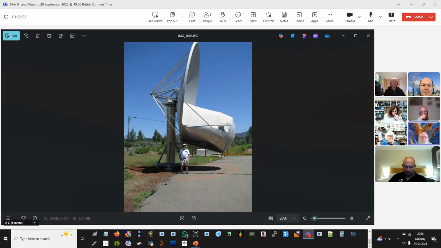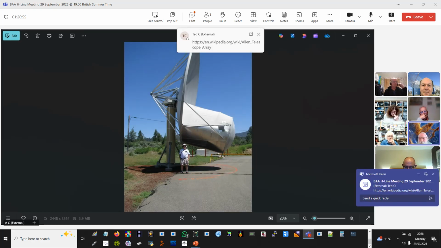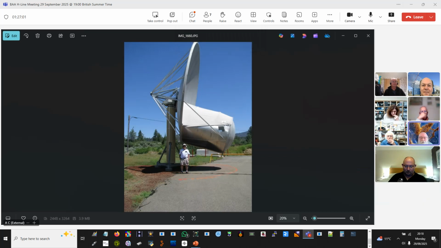He put a lot of money into the observatory when it was first being built, and they use it for all kinds of astronomical observations, besides just their search for extraterrestrial signals. It's a fantastic place to visit, just kind of beautiful country up there. But anyway, I just thought I'd share that.